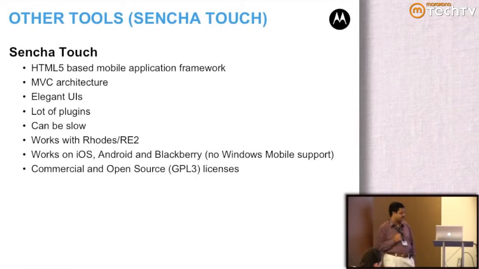Again, no support for Windows Mobile, and you can either purchase commercial licenses or release it under the GPL version 3. One of the plus points for this is there are tons of plugins available. So, almost any visual metaphor that you can think of, it already exists.